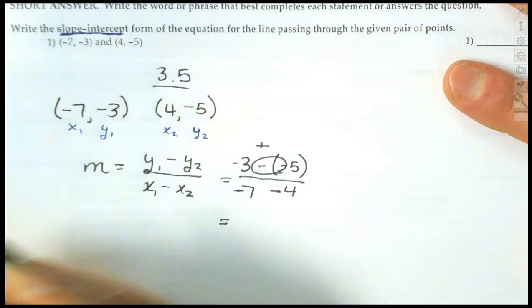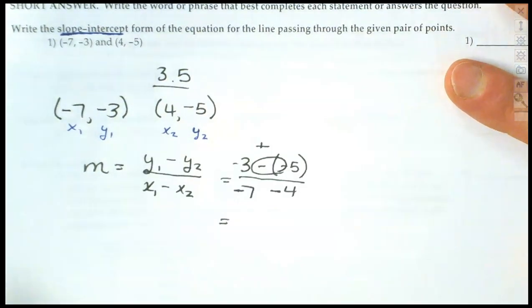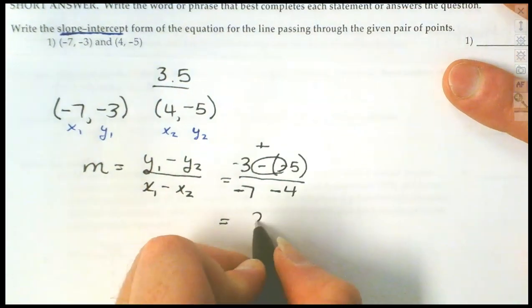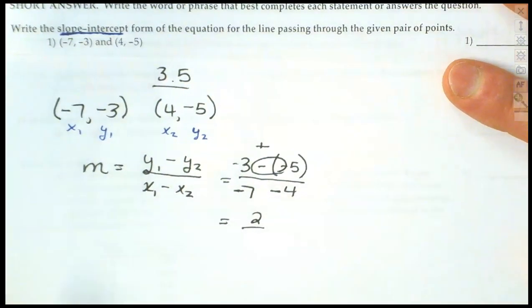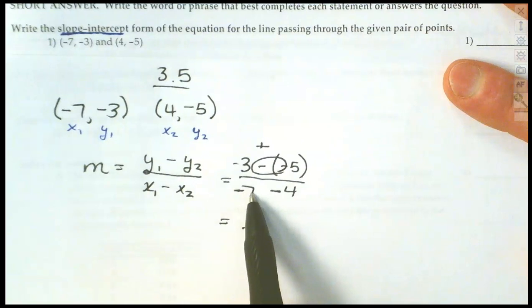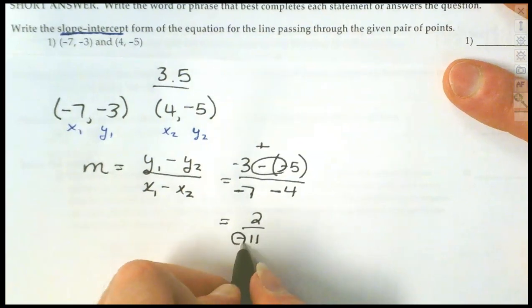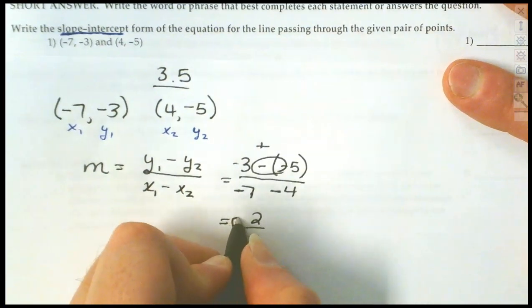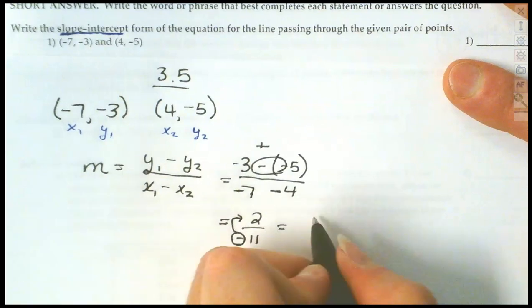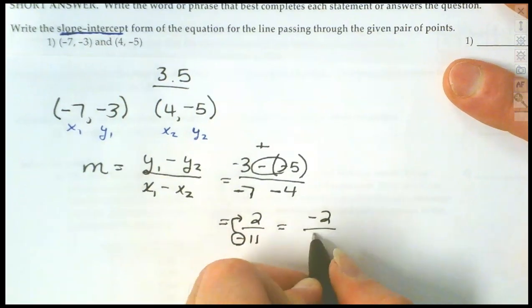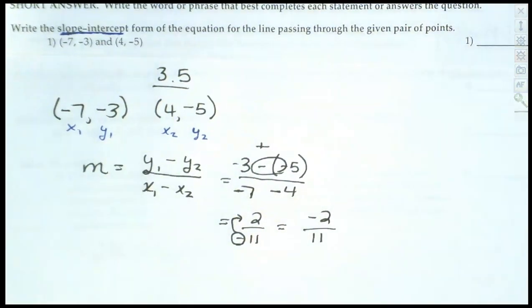It's going to make that positive. So minus 3 plus 5, that makes it a 2. Down below, we have a minus 7 and a minus 4. That makes it a minus 11. We always bring our negatives up to the top. So that then leaves us with a slope of minus 2/11. And that's our m.